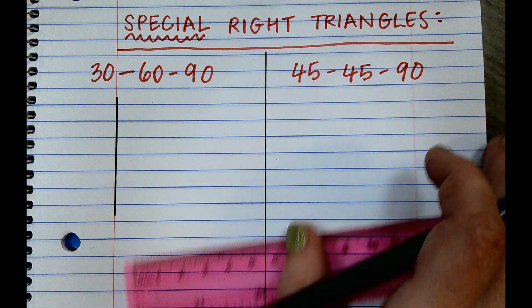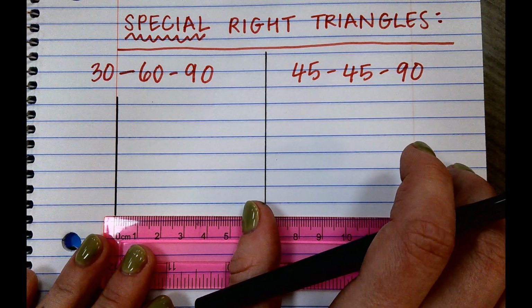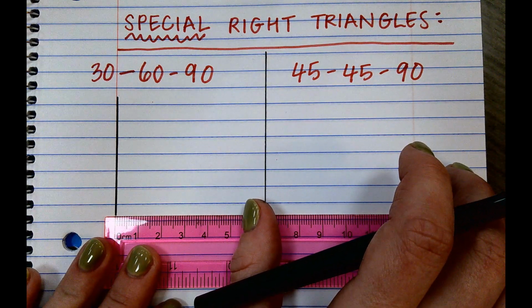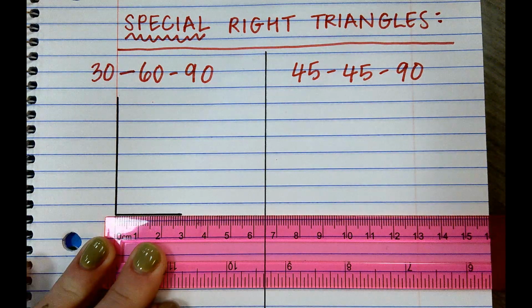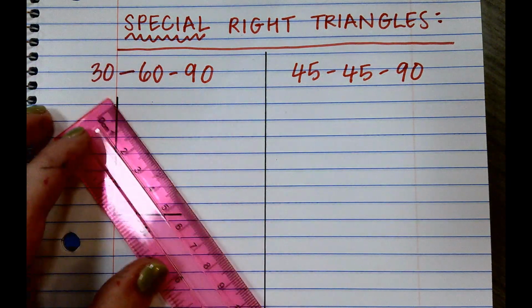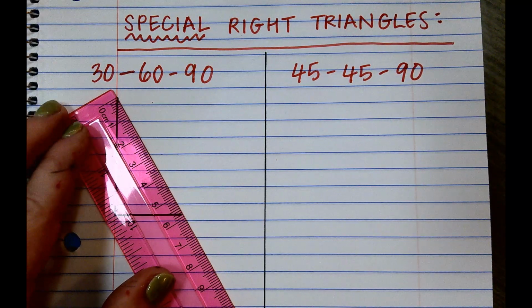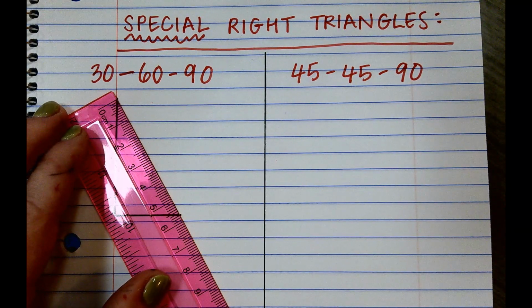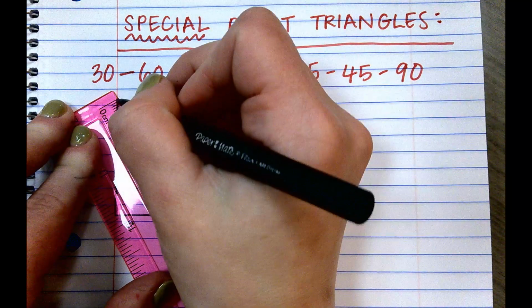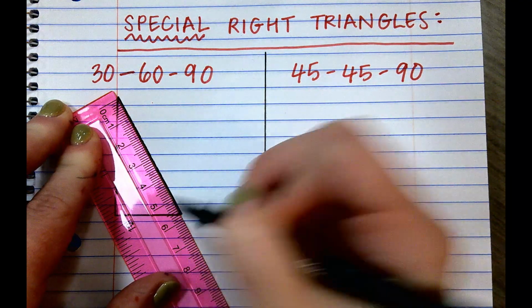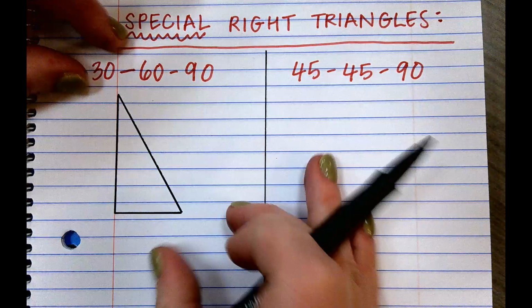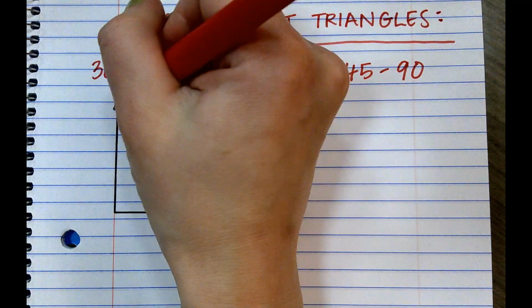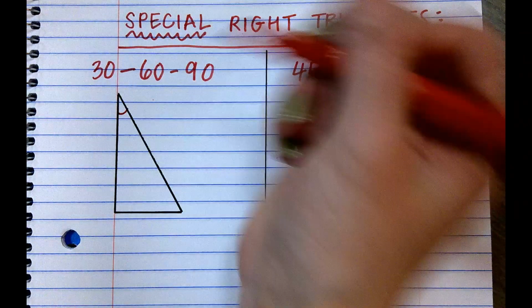And make this second line about 3 centimeters, maybe a little less. And then my third side will be close to 6 centimeters, more like 5.5. A 30, 60, 90 triangle is always going to have this more elongated look, where you've got a real tiny angle up here at the top.